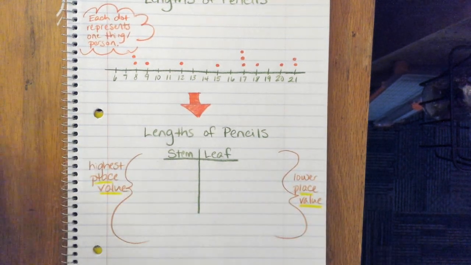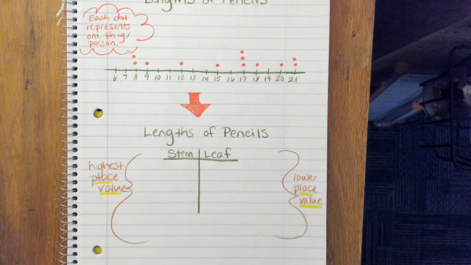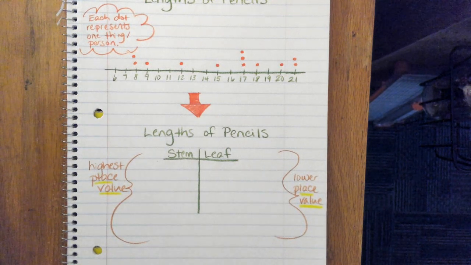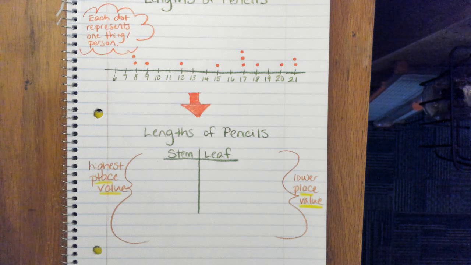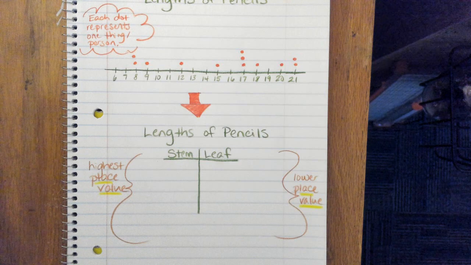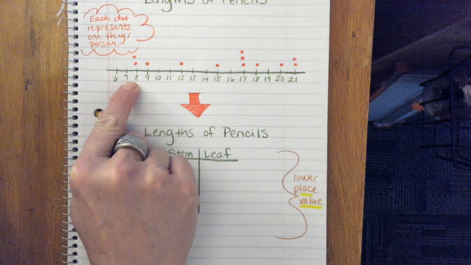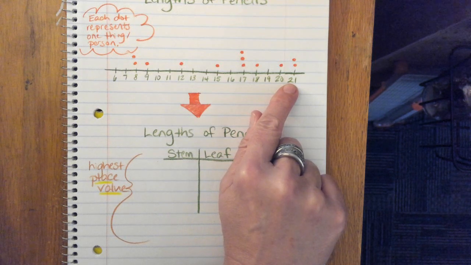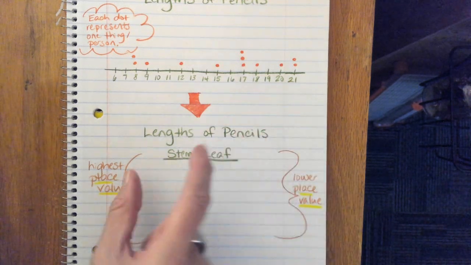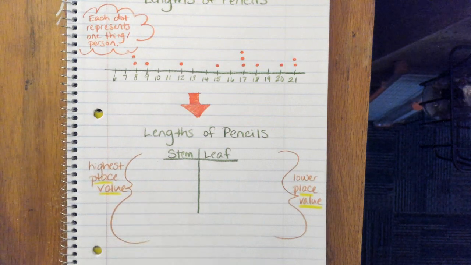So if I had been measuring things that were hundreds of centimeters, my stem would be the hundreds place. If I had measured really short things and nothing was greater than 10 centimeters, then the ones place would be my stem. But because my things go from 8 to 21, the tens place is my highest place. So I'm going to use the tens place for my stem.